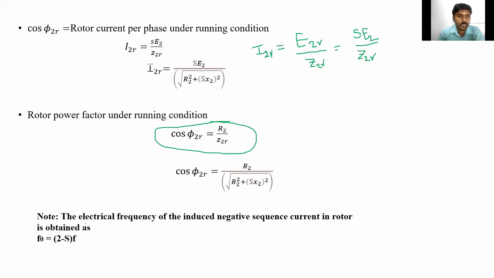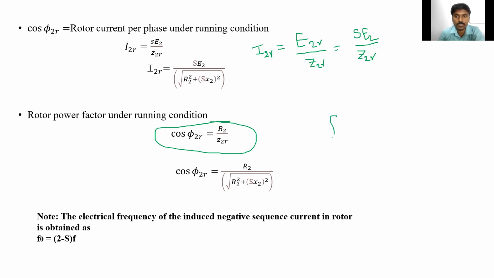Okay, so note that the electrical frequency of the induced negative sequence current in the rotor is obtained as follows. Negative sequence means what? Slip is negative.